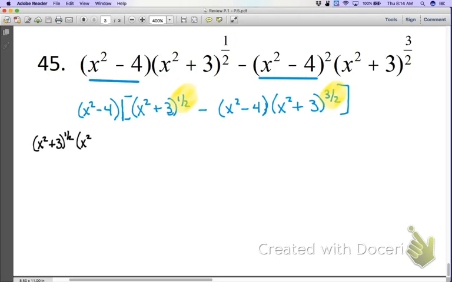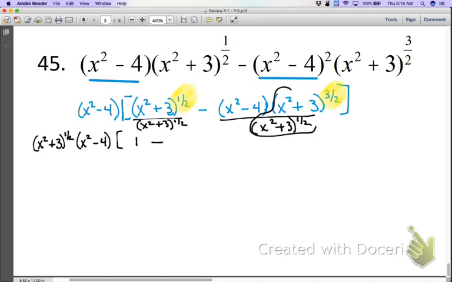I'm just going to rewrite x squared minus 4 to start. Now, I take each one and divide. So what do I have left of the first part? 1? Yeah, that's what I would go with. If I do the same thing here, it's still going to be a minus.